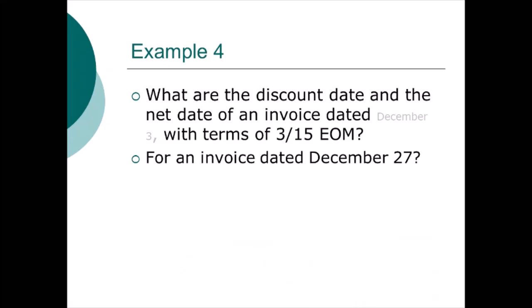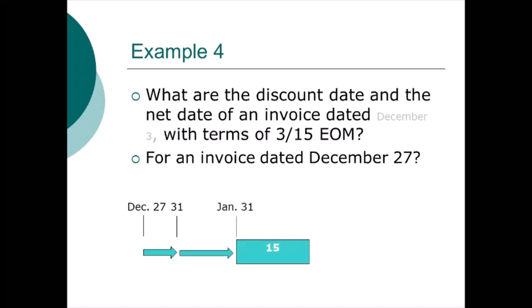The second case is when the date is beyond the 25th day of the month, 26, 27, up to the last day of the month. The invoice date is December 27. In this case, we'll move to the end of the month, December 31, but we will skip the month of January and we'll start at the end of that.